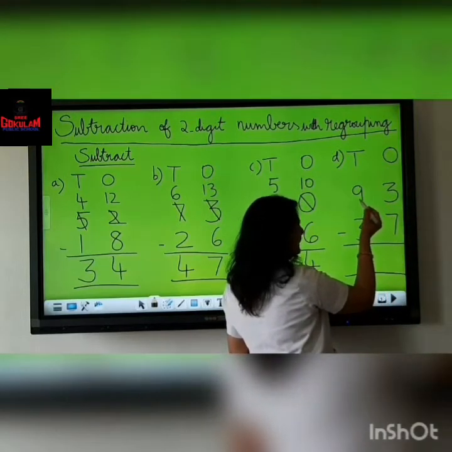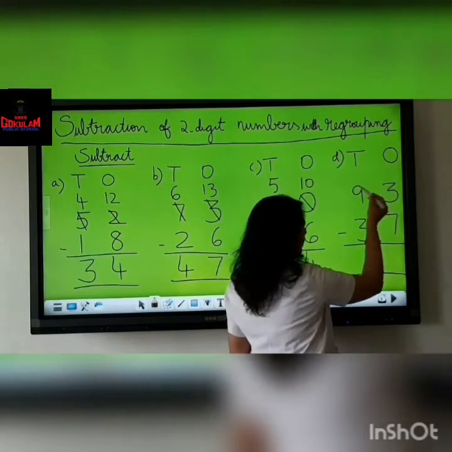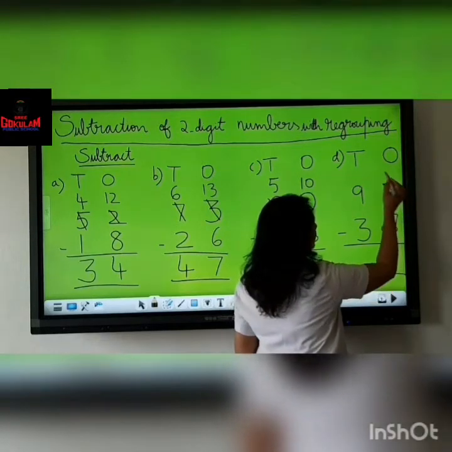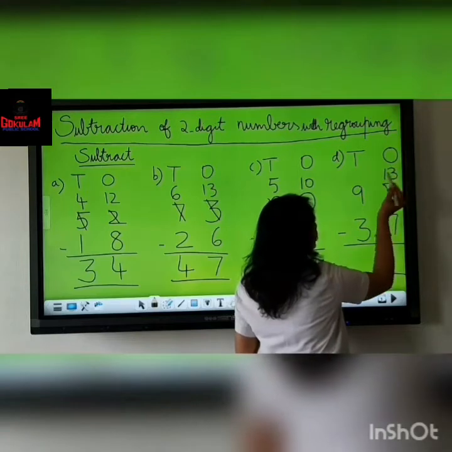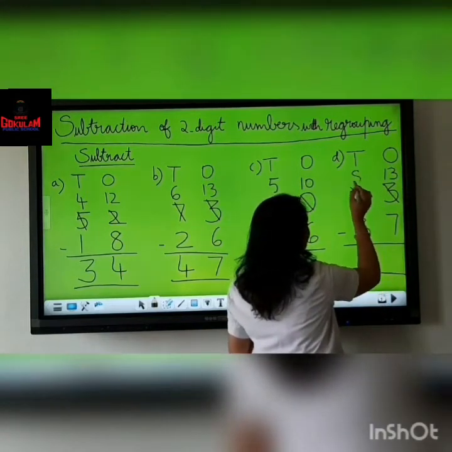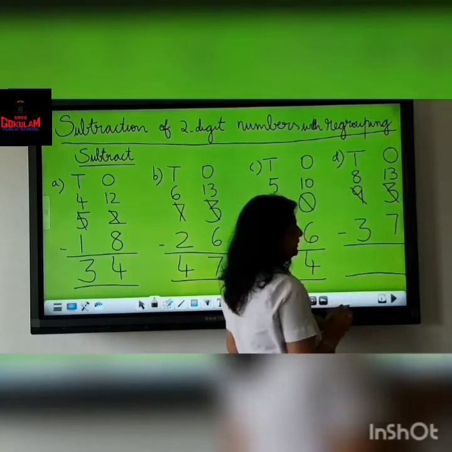We borrow 1 ten from the tens place and give it to the ones place. So 1 ten is 10 ones. 10 ones plus 3 ones is 13 ones. So we will write 13 and here now we will have only 8 tens.